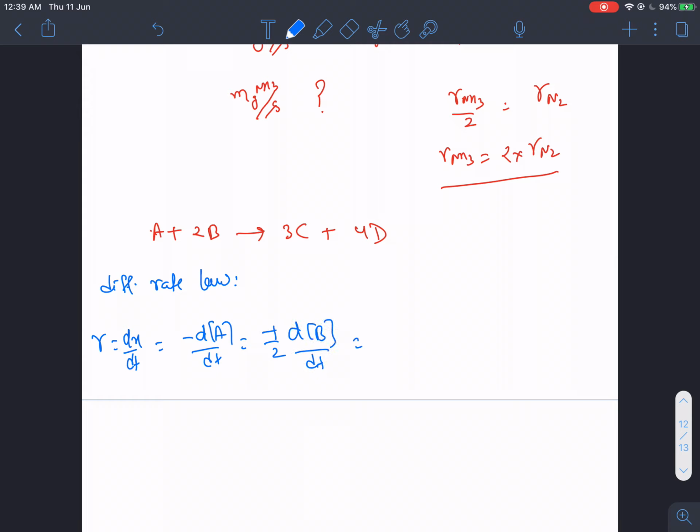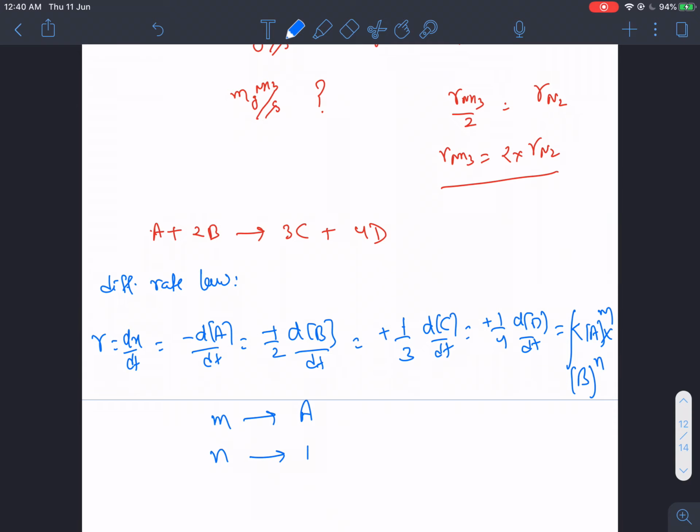Plus 1/3 times d[C]/dt, plus 1/4 of d[D]/dt, and this is equal to k times [A]^m multiplied by [B]^n. What is m? What is n? The order with respect to A, and the order with respect to B.